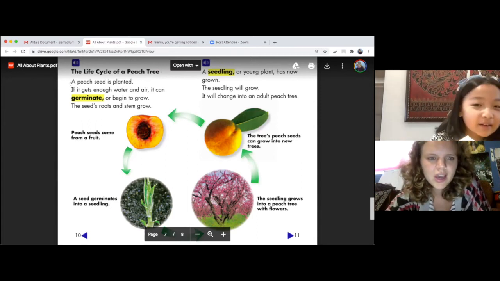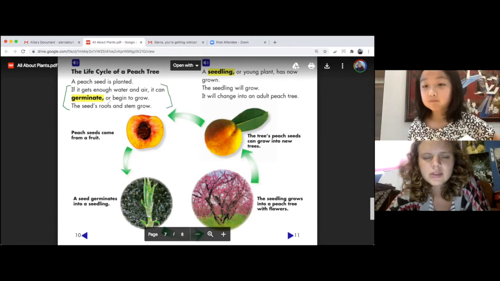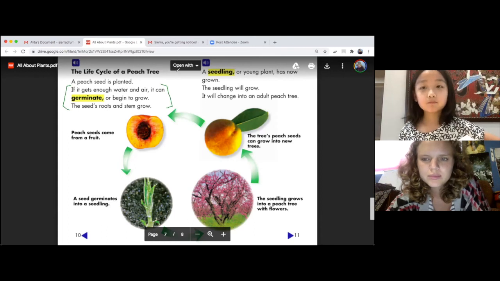All right. So if it gets enough water, it can germinate or begin to grow. The seed, roots, and stem grow. Can you read that? Oh. So a peach seed is, where? Sorry. One second.